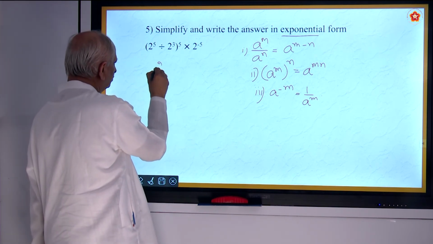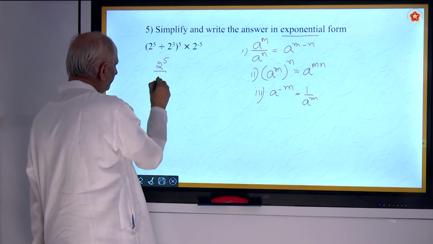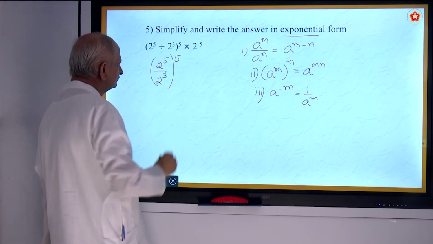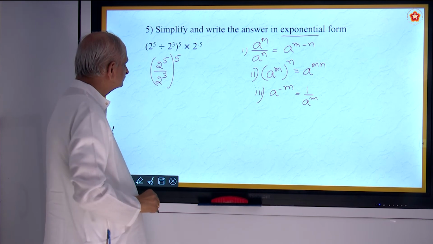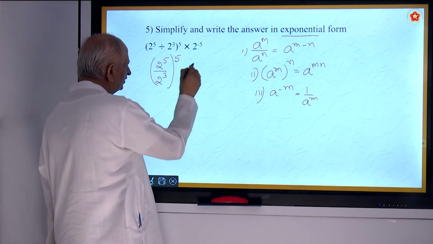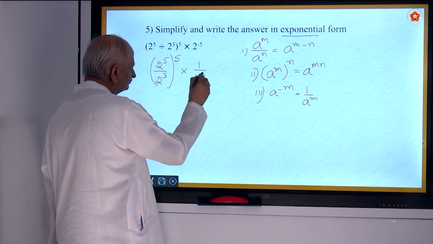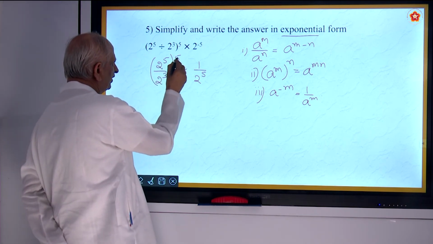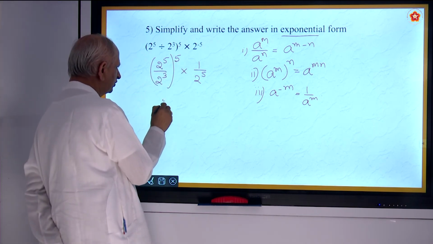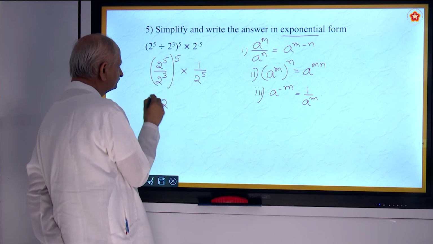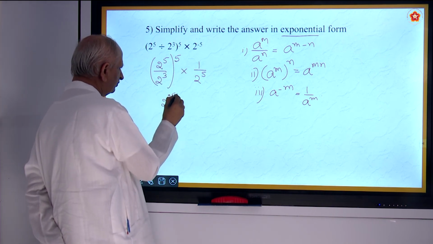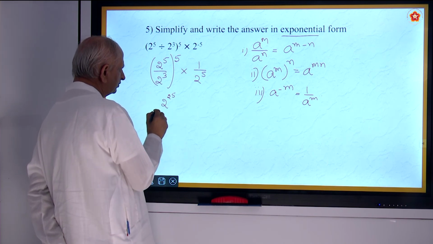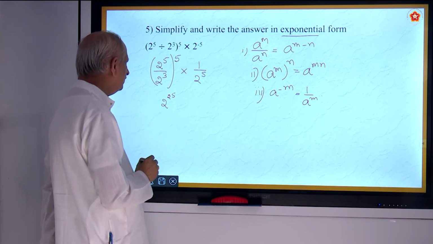Now this is 2 to the power of 5 by 2 cube to the power of 5, and then this is 1 by 2 to the power of 5. Okay. So 5 5s are 25, 2 to the power of 25.